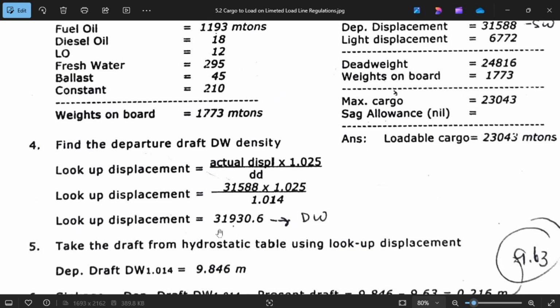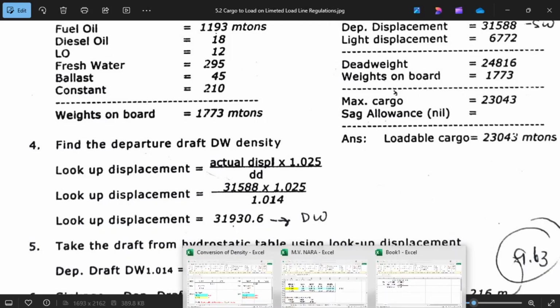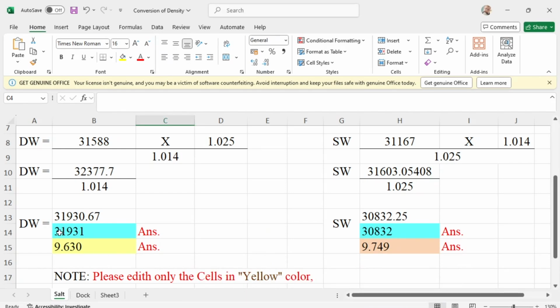Here, this one. 31930.67. And that will be how much?